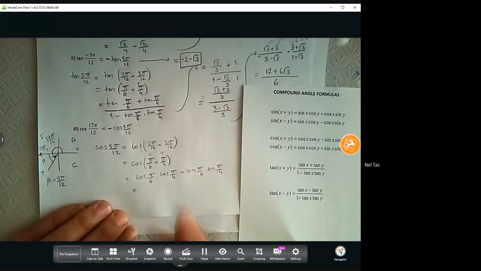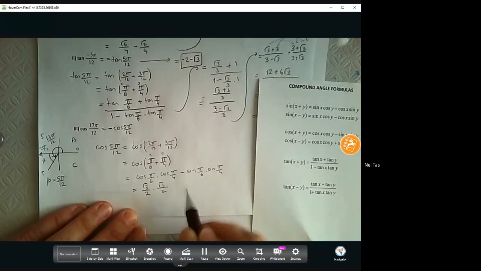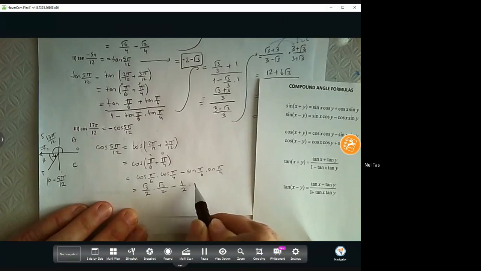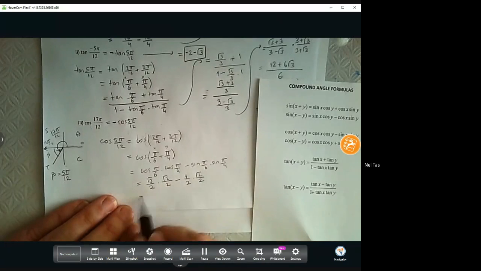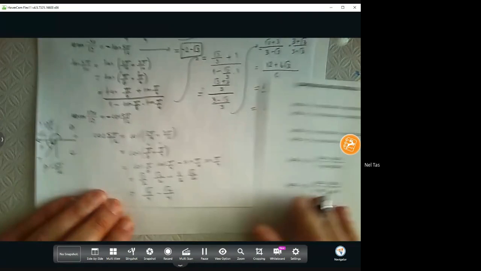So cosine pi over 6 is root 3 over 2, cosine pi over 4 is root 2 over 2, sine pi over 6 is 1 over 2, sine pi over 4 is root 2 over 2. So you get root 6 over 4 minus root 2 over 4.